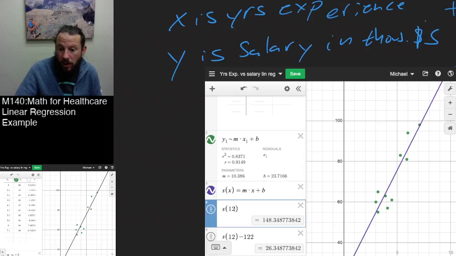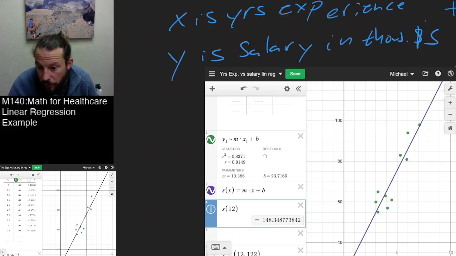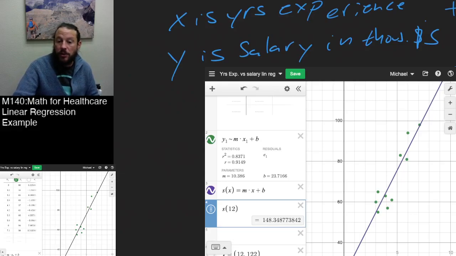I plug in 12, and I end up with 148.3487, and so on. And that tells me that my regression line predicts that someone with 12 years experience should have a salary of about $148,400, whatever you want to call that.